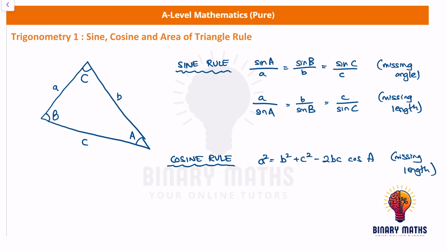Now if you have a missing angle instead, it's easier to use this version, although you can always rearrange to get this version, so you don't need to memorize it. Cos A is equal to b squared plus c squared minus a squared over 2bc. So this is when you have a missing angle.